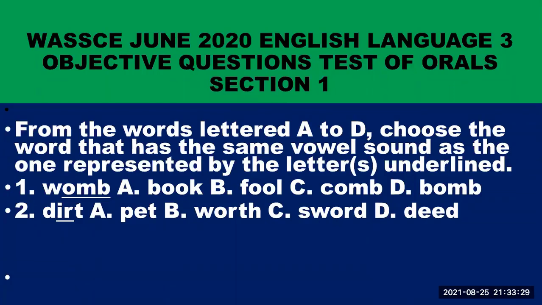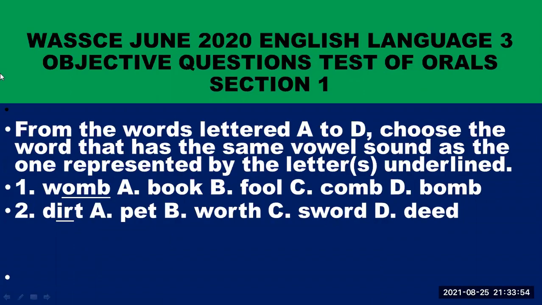In section 1, we're again illustrating with the West African Senior School Certificate Examination of June 2020, English Language 3, Objective Questions, Test of Orals. Section 1: from the words lettered A to D, choose the word that has the same vowel sound as the one represented by the letter or letters underlined.